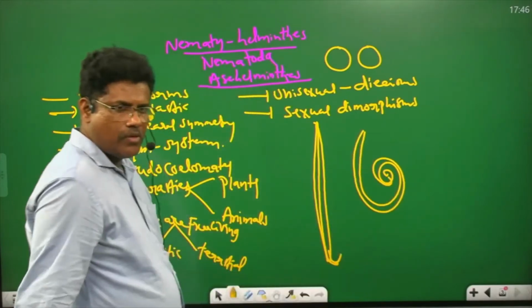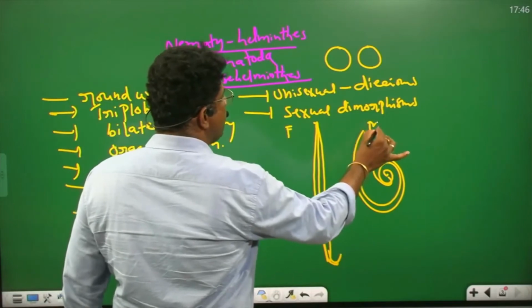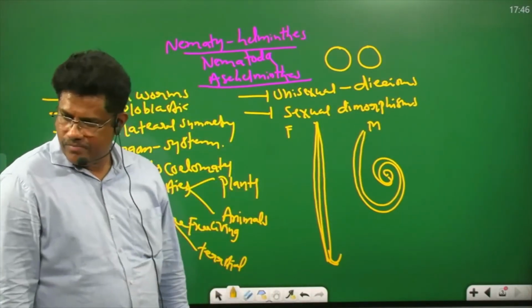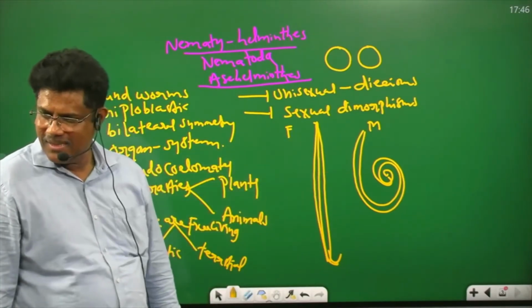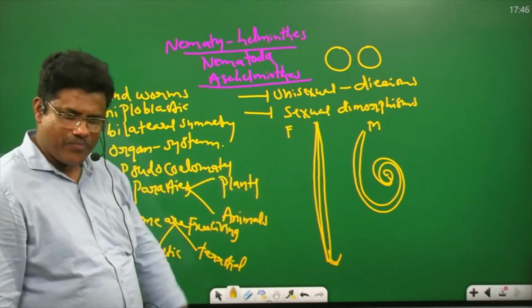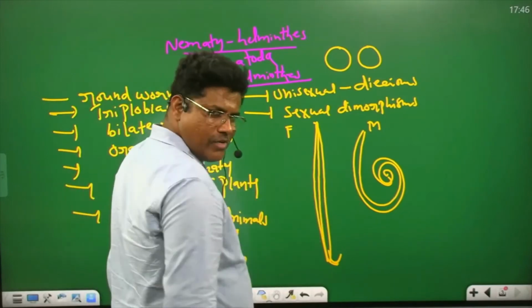So this one is the female, this one is the male. This is sexual dimorphism. Female is longer than male. Female has a straight body. So this is the male, small.